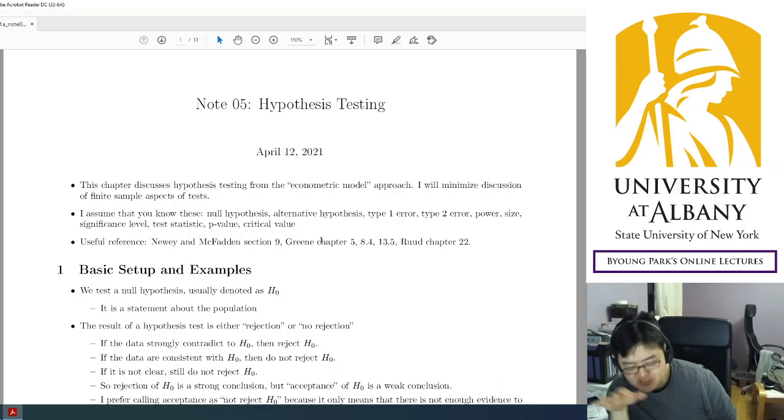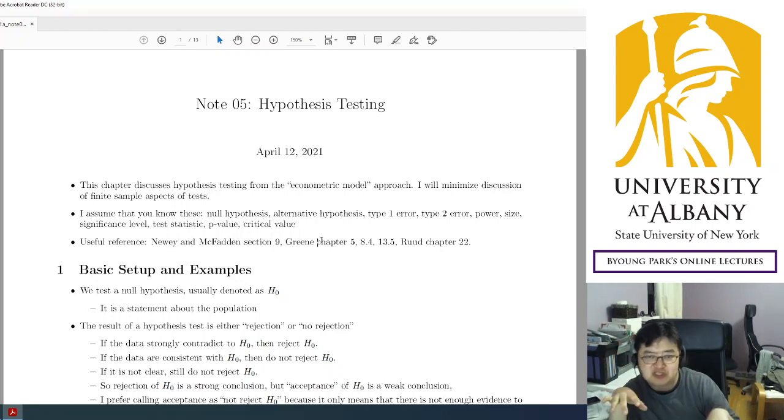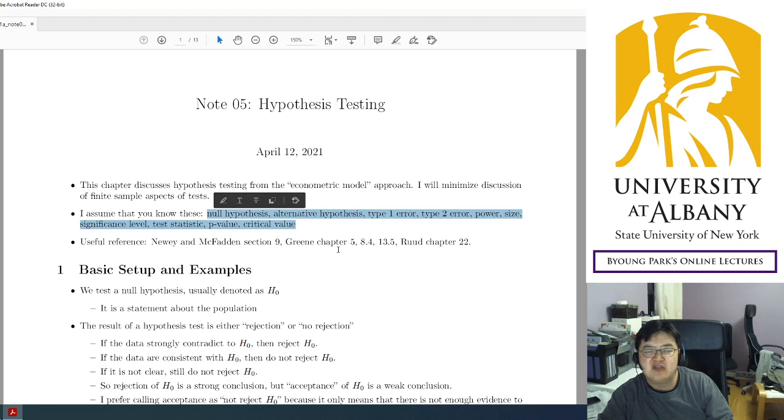In this chapter, the hypothesis testing chapter, we will have both approaches, but I will lean more toward the identification type approach, assuming that the data has no problem. The data is large, and we have sufficient data, and I don't worry too much about how we can utilize the data, because how you use the data is covered in usually introductory statistics.